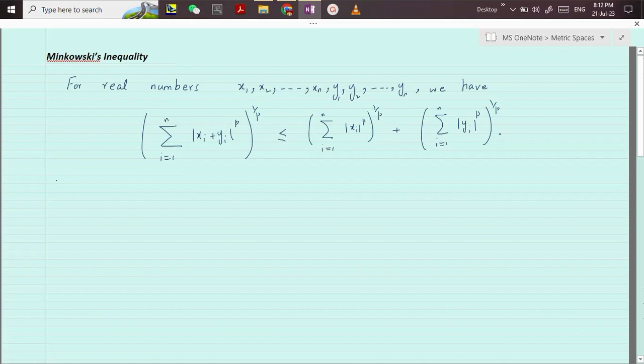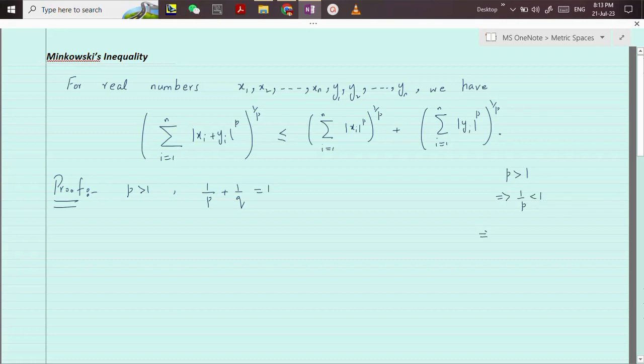So let's prove the Minkowski's inequality for finite sum here. First of all, note that p is greater than 1 and 1 by p plus 1 by q is equal to 1. So as p is greater than 1, 1 by p is less than 1.